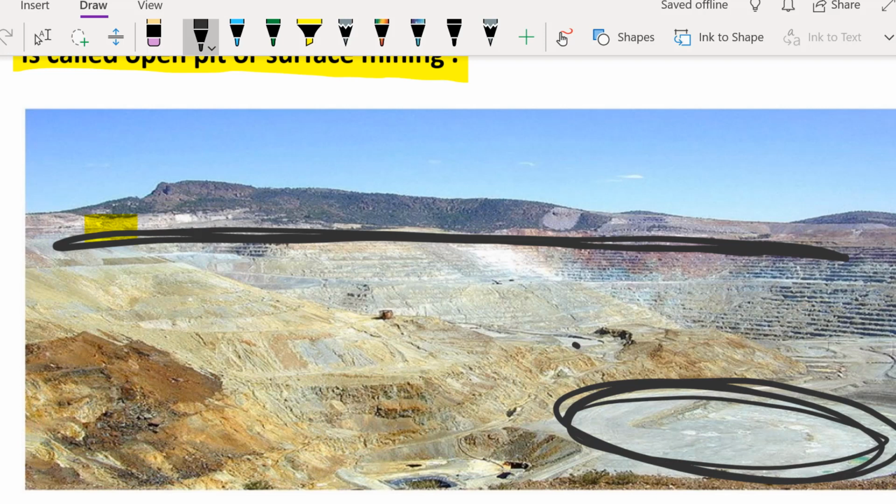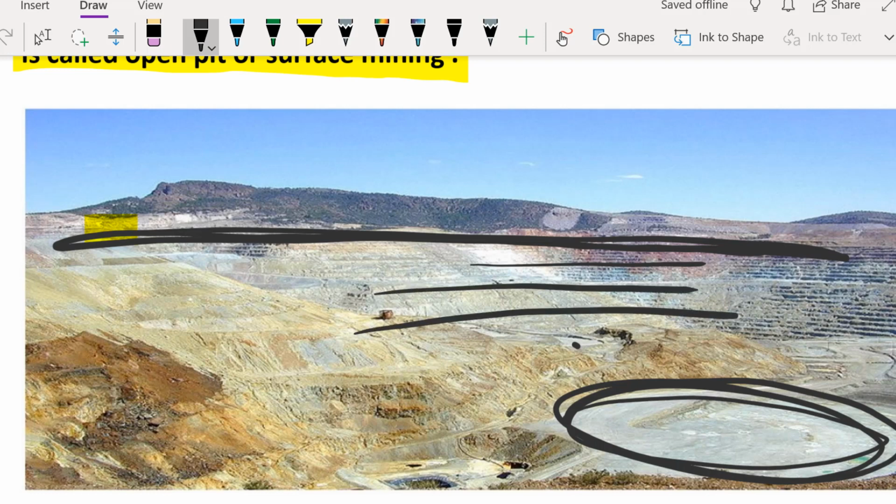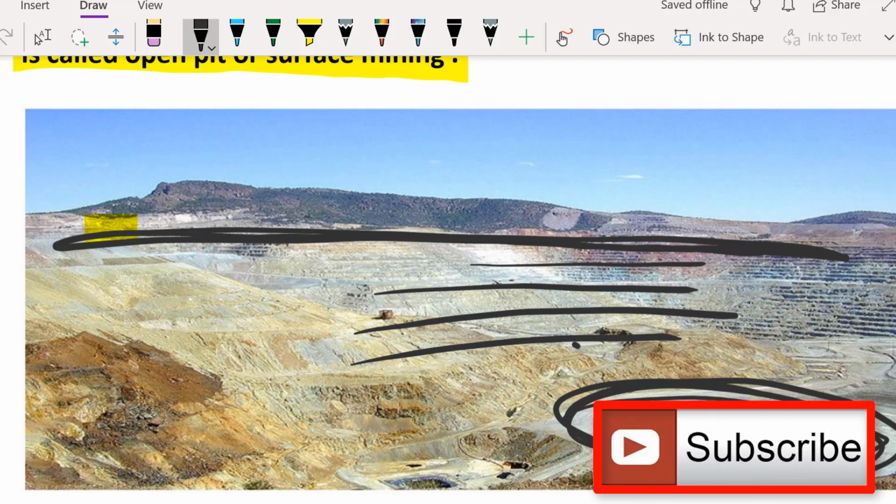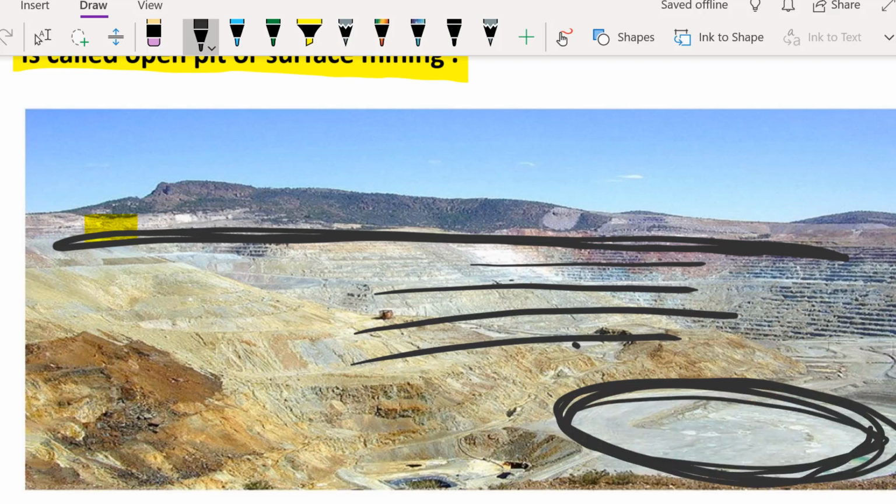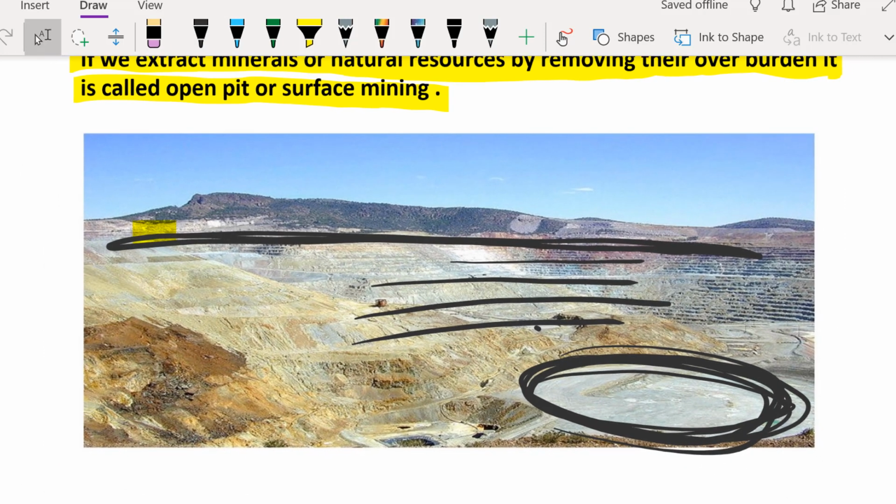We make such kind of stairs, spiral or sometimes straight, and we are directly digging this mine like a pond and extracting these minerals. So there is no overburden to extract the minerals. That's why this is surface mining.